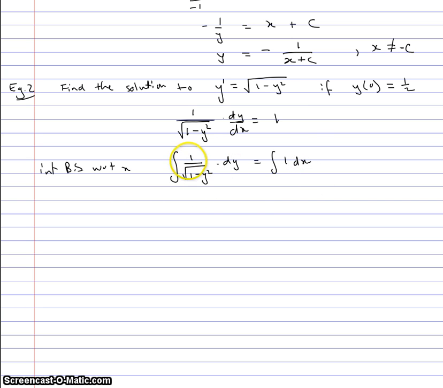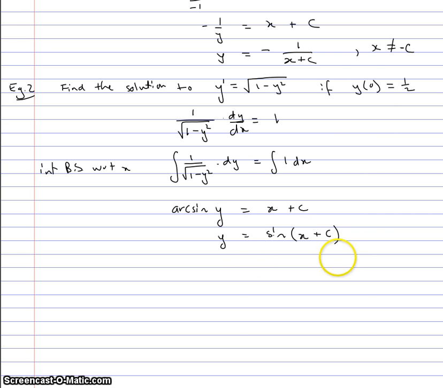Integrating this, we can see and hopefully recognise this is arc sine. So arc sine y equals x plus c. And solving for y, we have y equals, the inverse of arc sine is sine, so it's sine of x plus c.